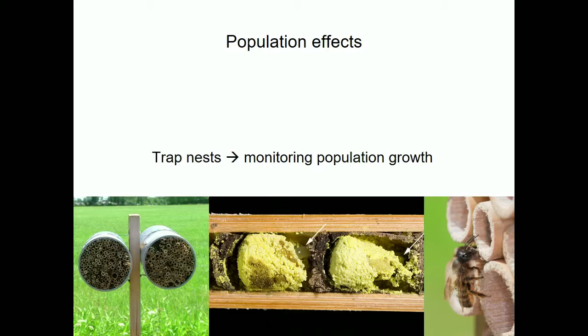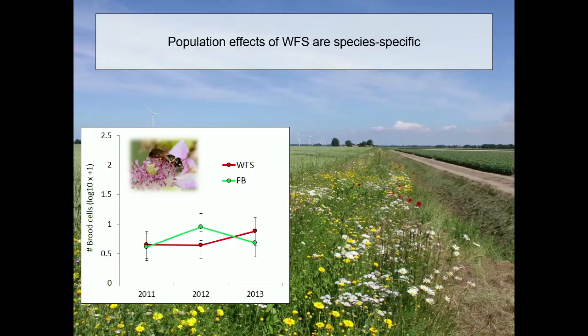So what we also did, we monitored reproductive output in trap nests. And what we found was that it's a bit disappointing. Here you have the result for Hylaeus species, and if you see over the years, again in red, it's the wildflower strip, there's no effect at all on the brood cell production of this bee species.